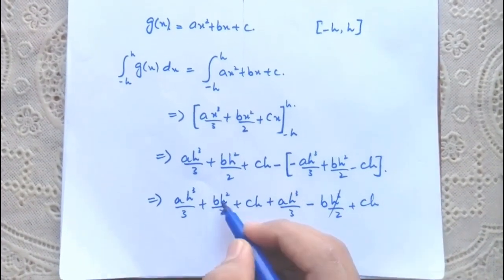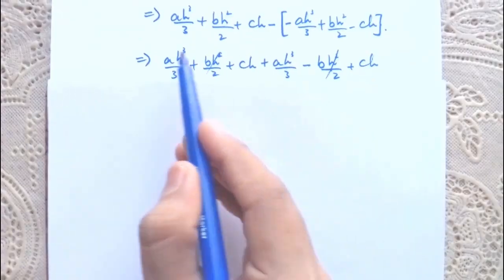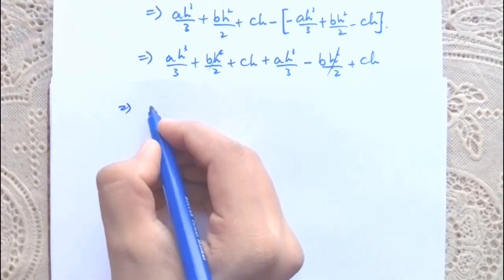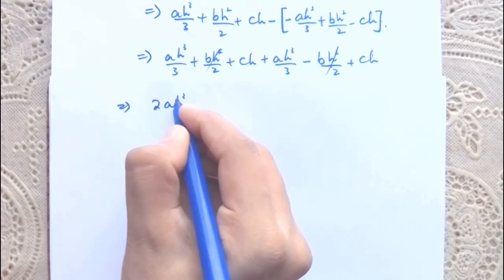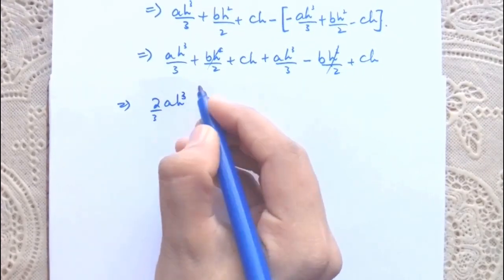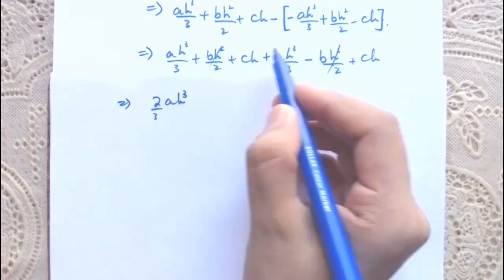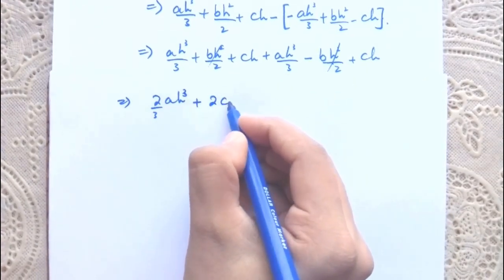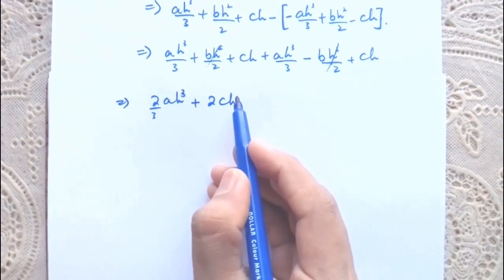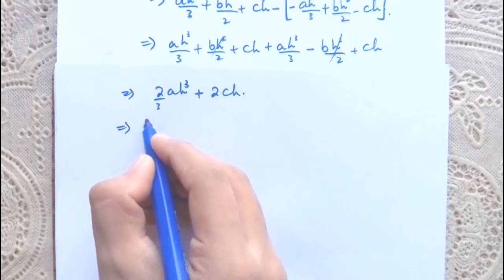So you cancel and add these terms. So 2 upon 3 ah cube, and adding these two terms we have 2ch, right?